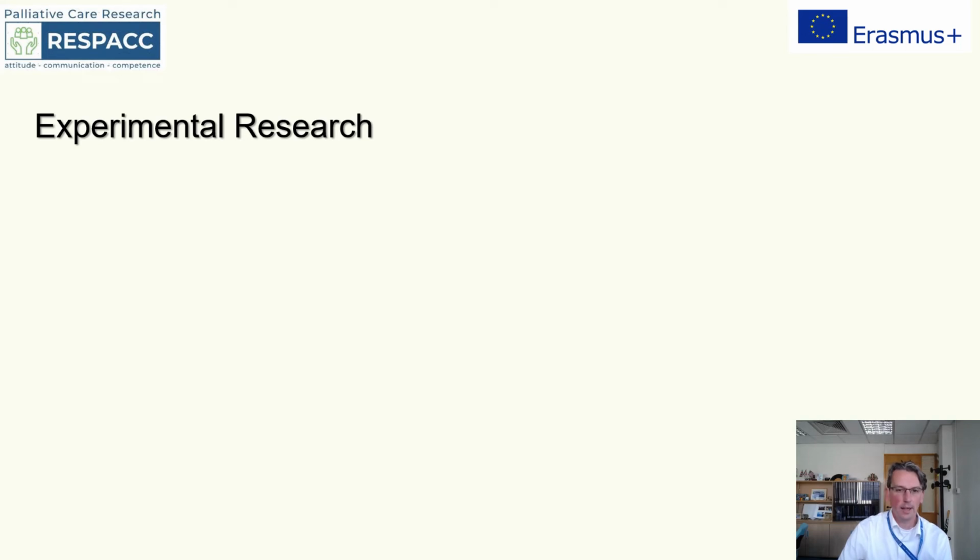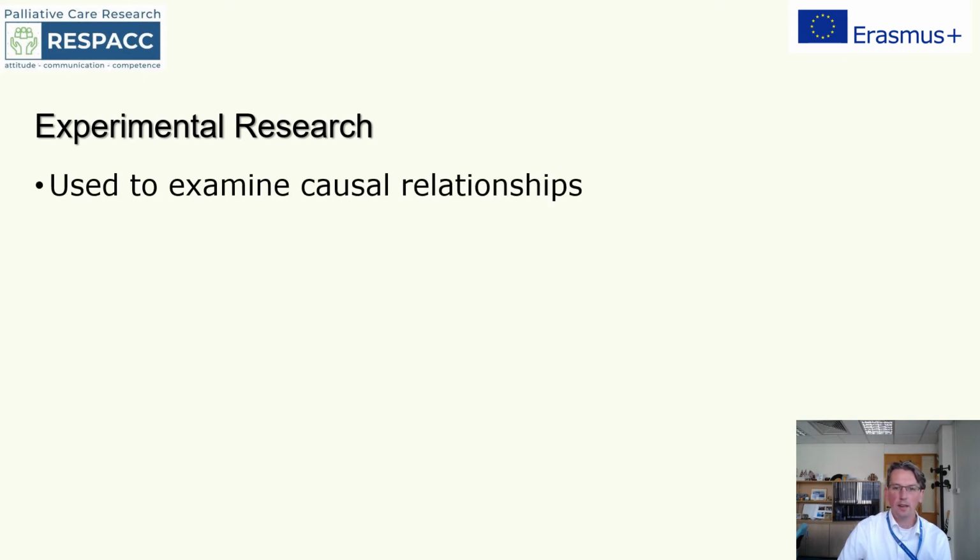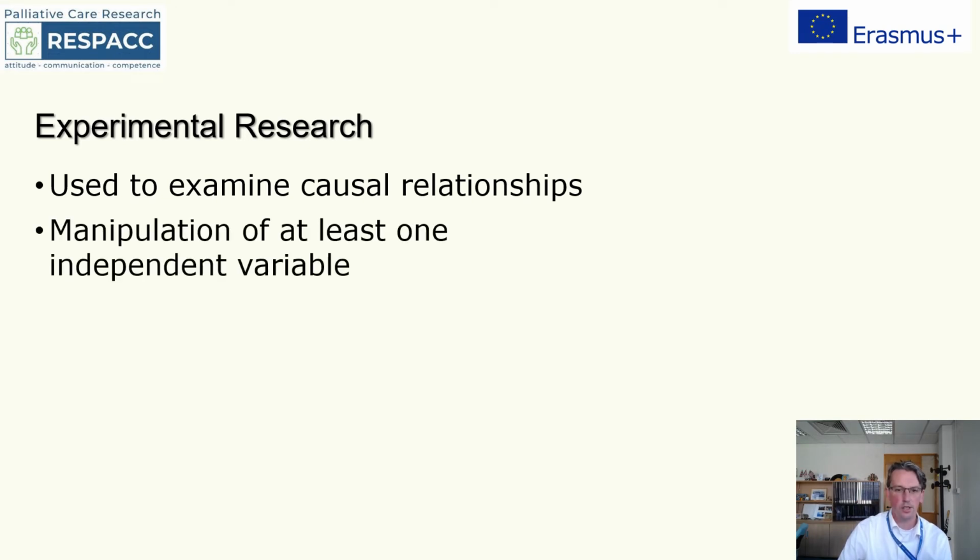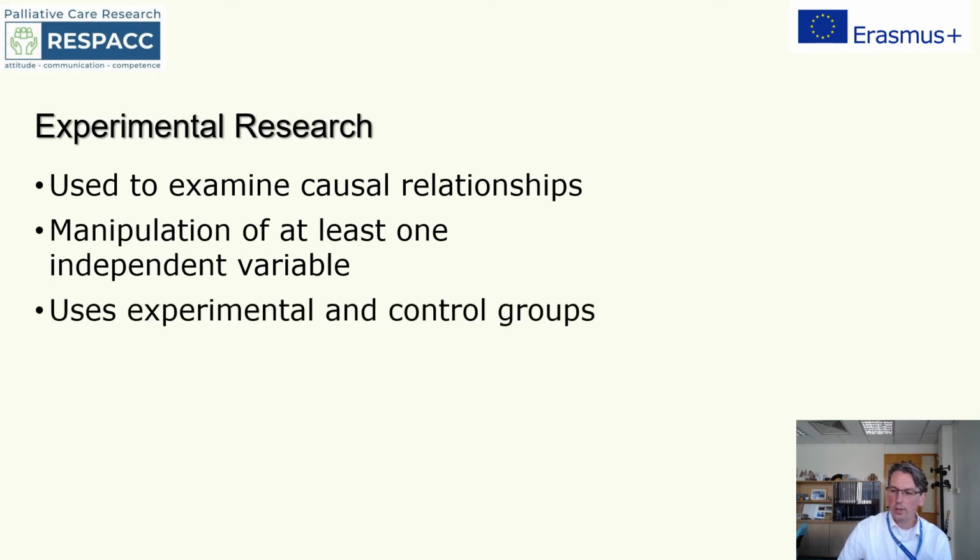And lastly, we look at experimental research. Again, this is used to examine causal relationships and very much tries to follow that traditional scientific method. There's the manipulation of at least one independent variable, and through the use of control groups, all the other confounding variables are controlled for.